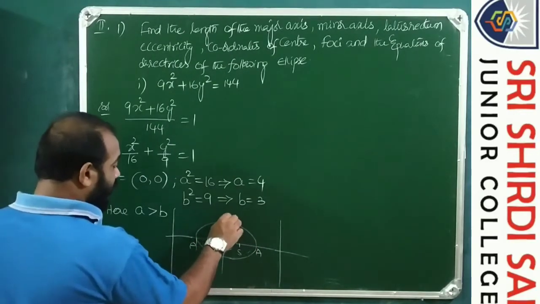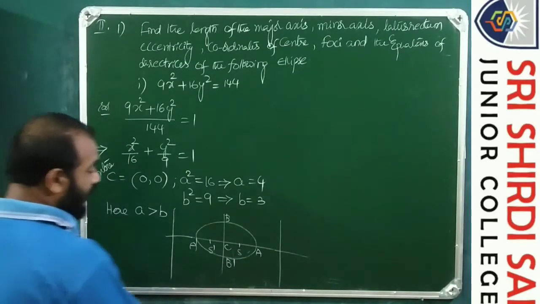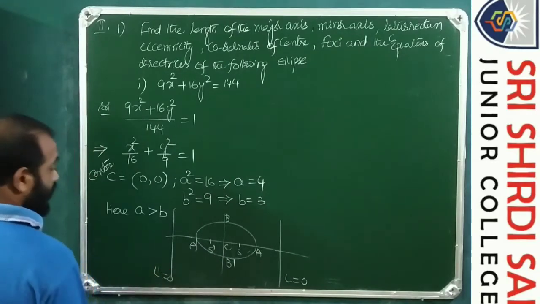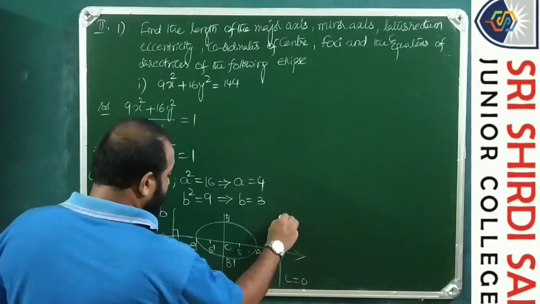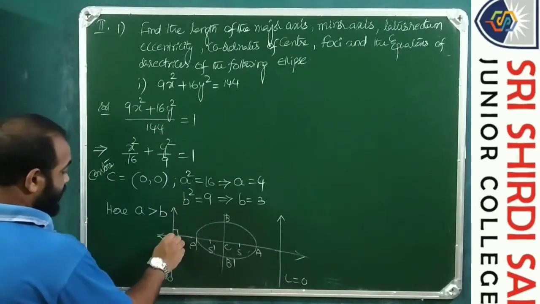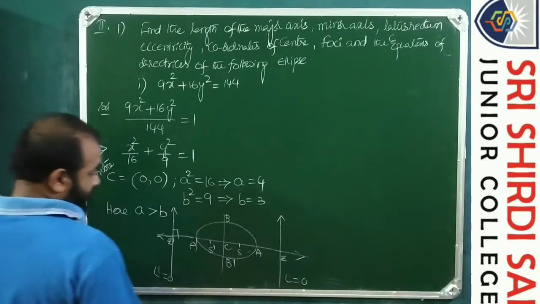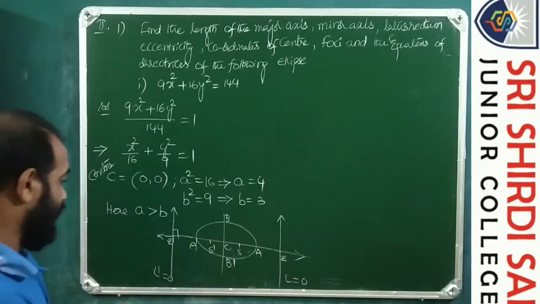B and B dash are the vertices of the minor axis. These are L and L dash, this is Z dash and this is Z. So this is our ellipse.